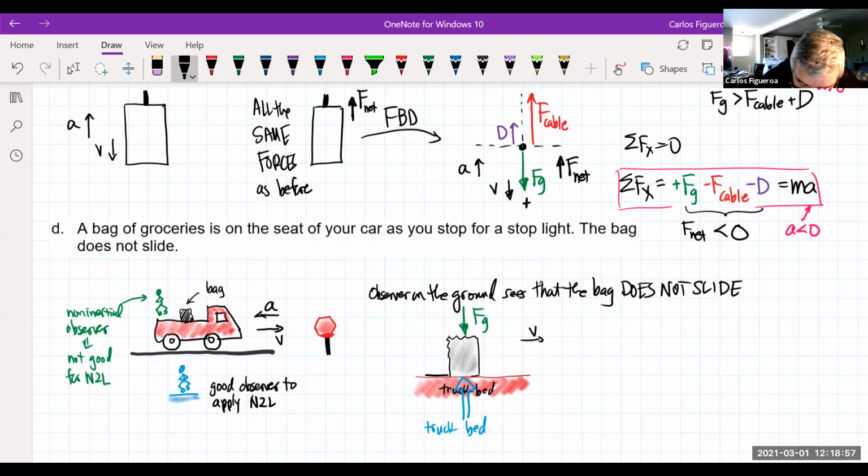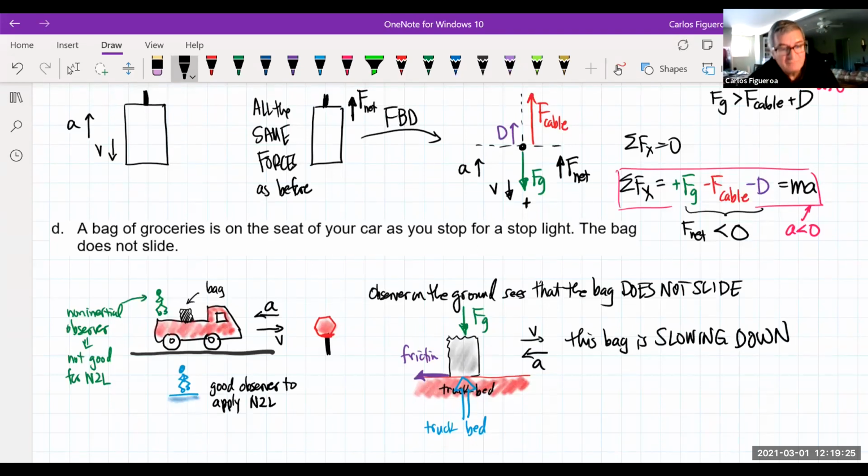So in the frame here, there must be an additional force of friction. The bag is slowing down, so there has to be a net force that's slowing it down. In this case, it's the force of friction that's doing that.